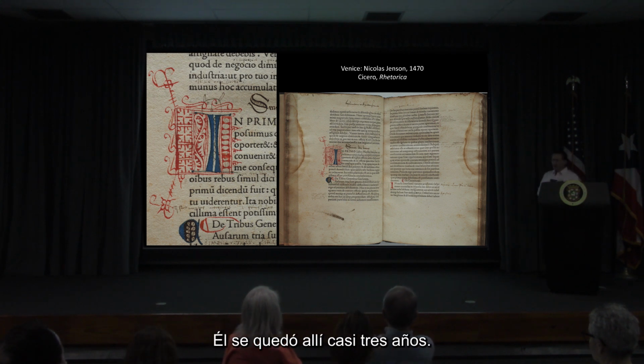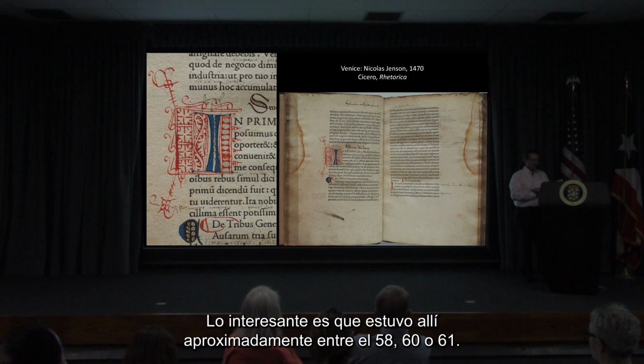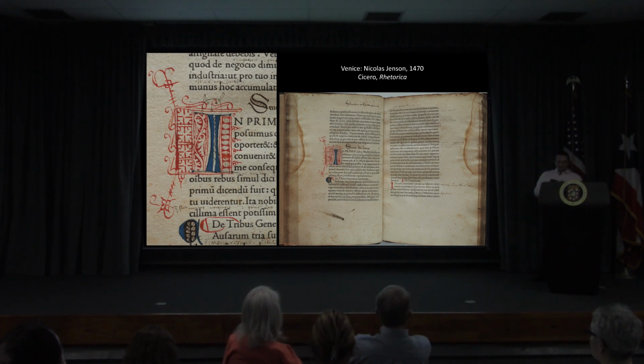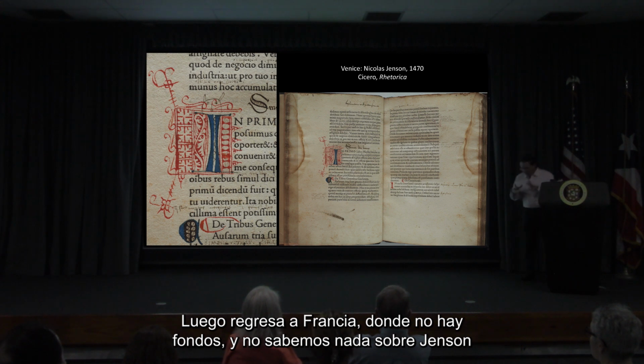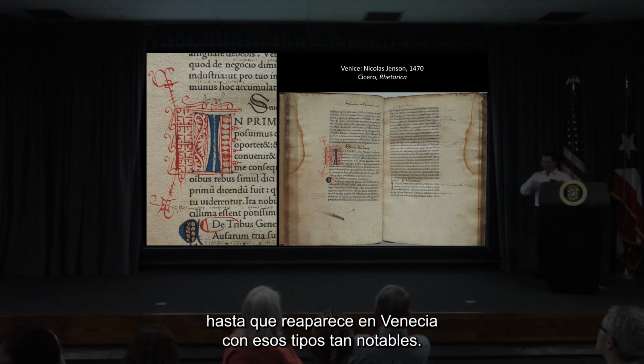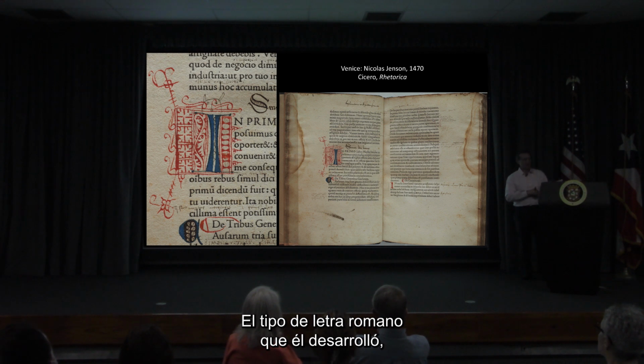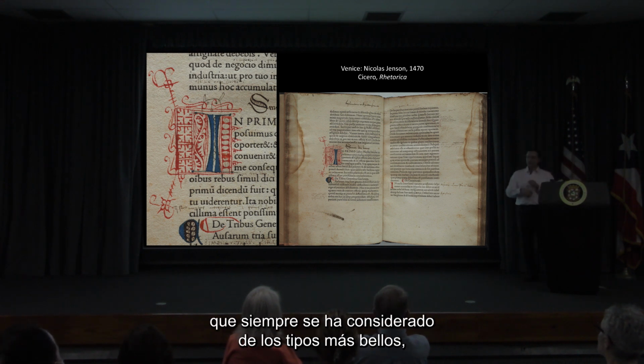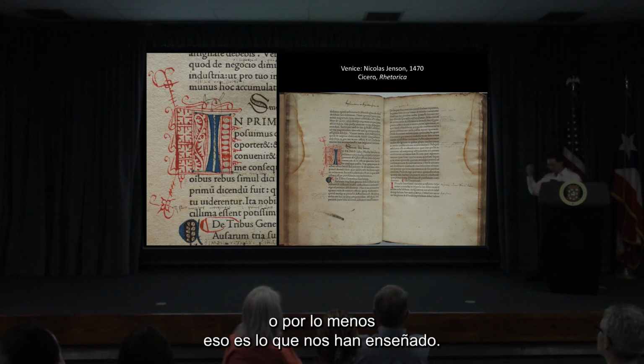And he stayed there almost 3 years, between 58 and 60, 61. And then he goes back to France. There isn't funding there, and then we don't know anything about Jenson until he shows up in Venice with those very remarkable types. The Roman typeface that he developed is among the most beautiful, or at least we have always been taught that that's the case.